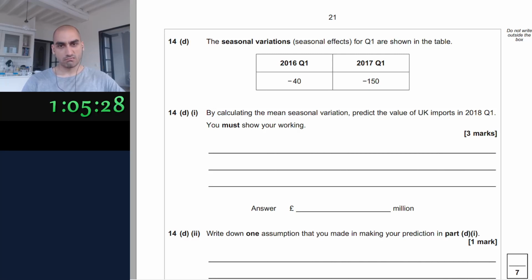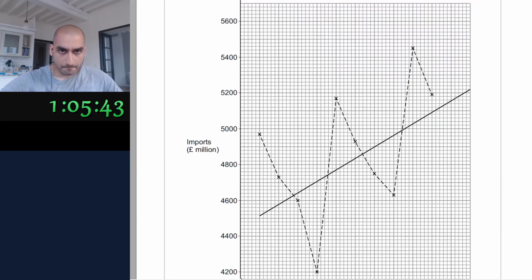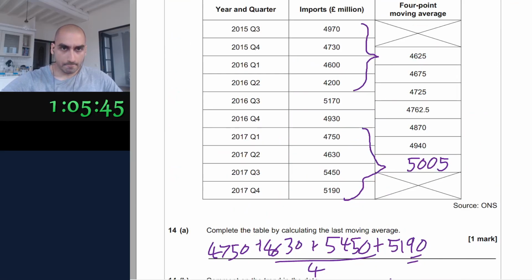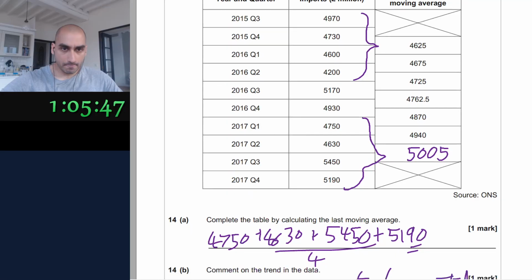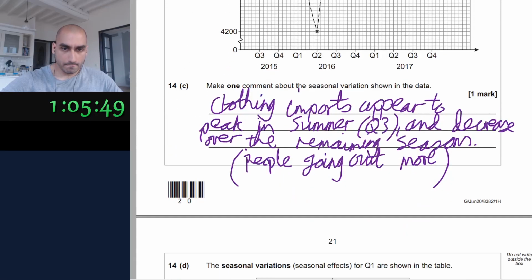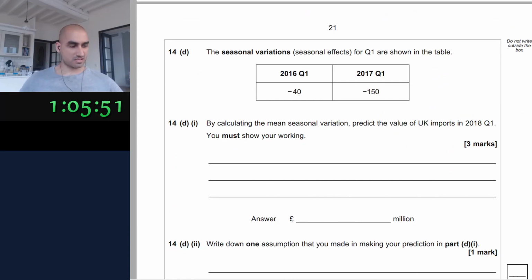Okay, so the mean is just those two added together divided by 2?